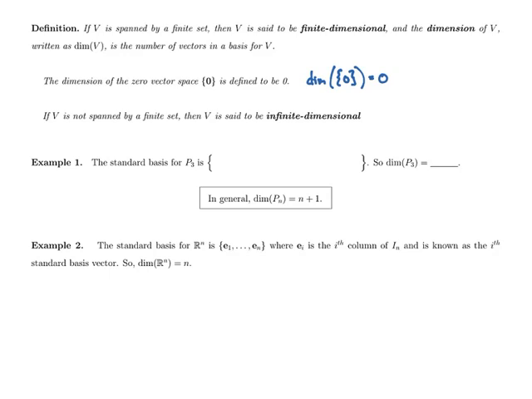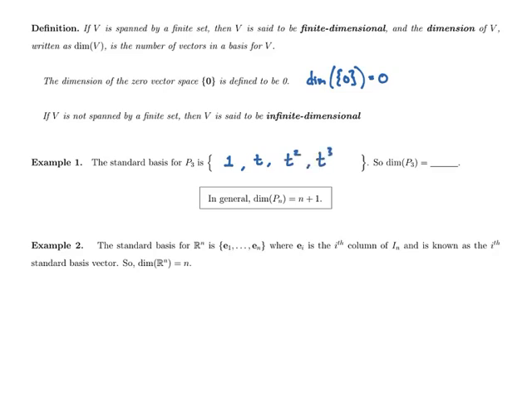So let's look at an example of some vector spaces we've been using in the past few sections. We talk about P3. P3 is the set of all polynomials with degree at most 3. And the standard basis for that vector space is going to be the polynomials 1, t, t squared, and t cubed.